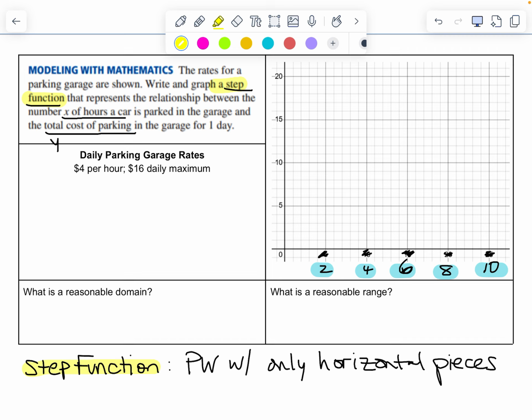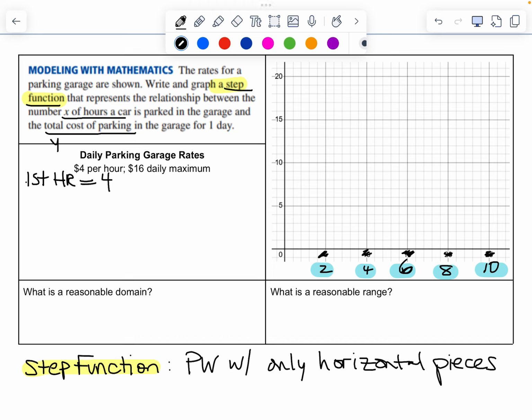All right, so we have daily parking garage rates, $4 for an hour, $16 daily maximum. So I guess we'll try to draw this picture first. We have to enter the garage, obviously. If we don't enter the garage, then we're not going to pay anything. But for the first hour, we know it's going to be $4.